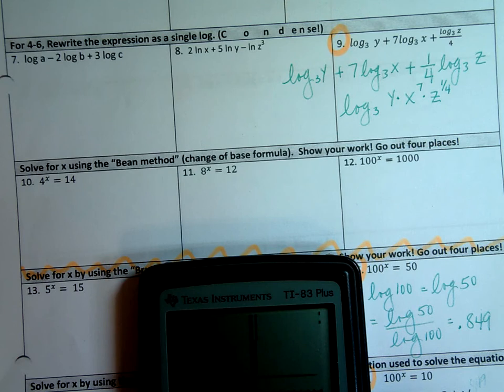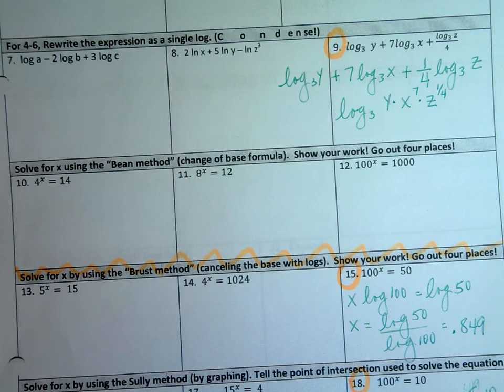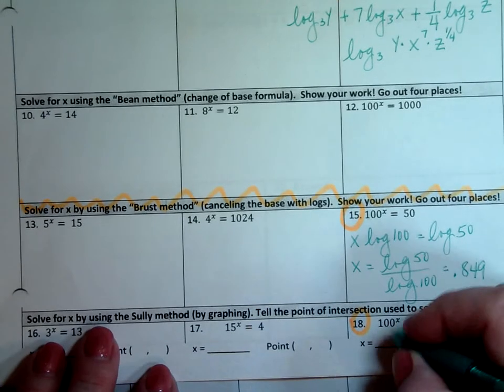First curve, second curve, guess. 0.5, that's better. So this one is 0.510. And so x equals whatever the x value is in your coordinate, and your x value is 0.5, and there you go. There's 18.